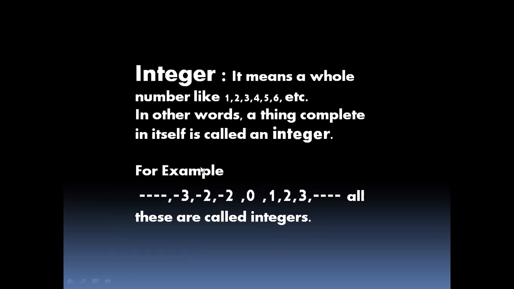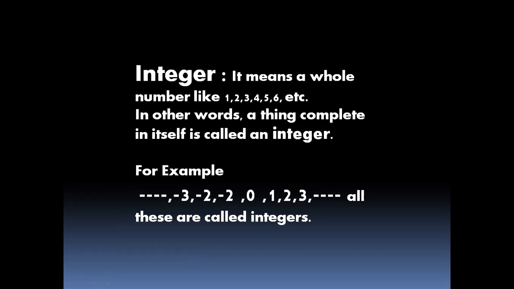Integers are numbers like 0, 1, 2, 3, 4, 5, 6, then -1, -2, -3, -4, etc. These all are integers. So this was about integers.